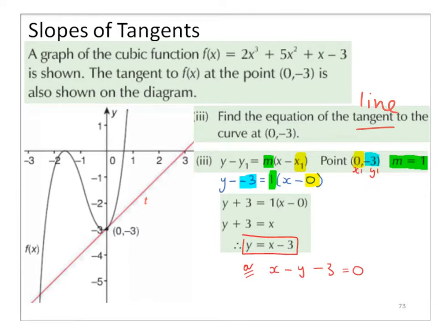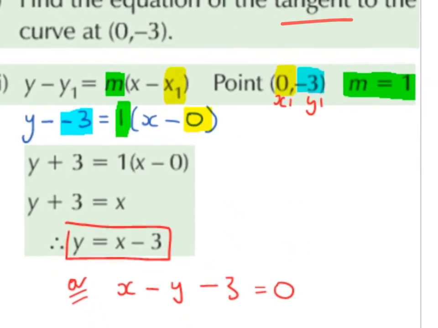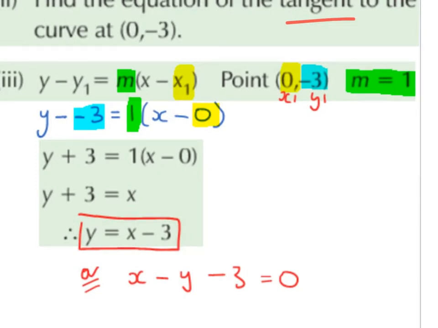Now we worked out in part 2 that the slope was 1. So we label m as 1 because m represents the slope. And then we sub 0, -3 and 1 into our formula for the equation of a straight line. So we bring down the y, we swap y1 for -3.